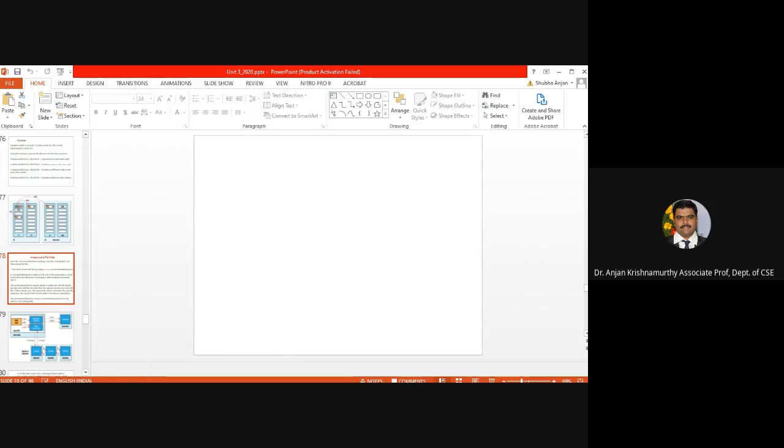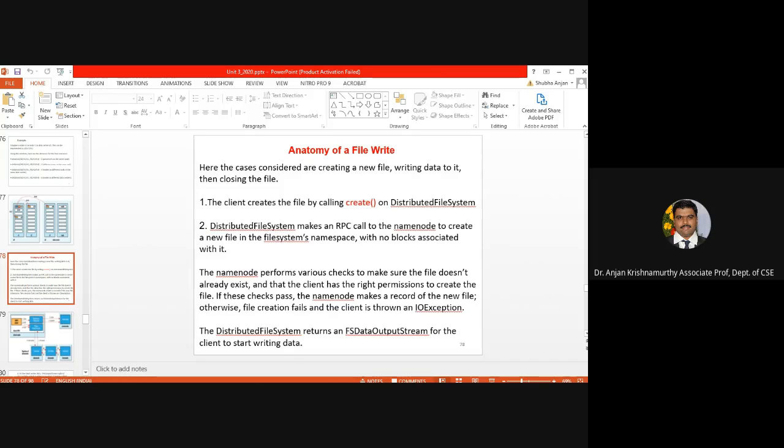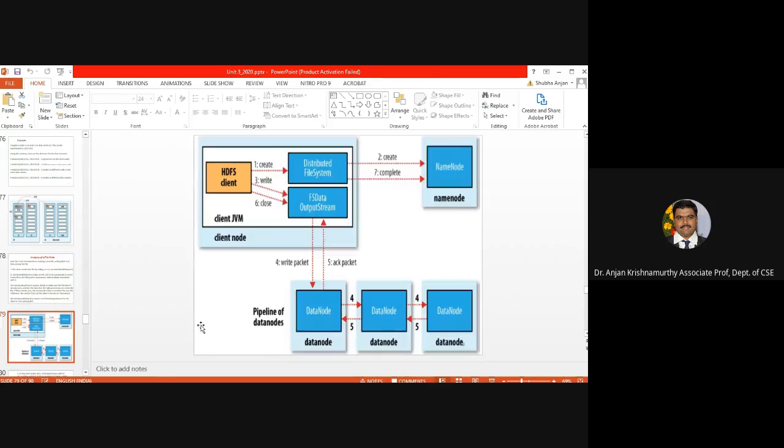If the file does not exist previously in that particular namespace, only then is the file created, after checking the permission of the client. If the client has appropriate permissions to create that file, then the file creation happens. The distributed file system returns an FS data output stream object to the client, so that the client can start writing data into that particular file.